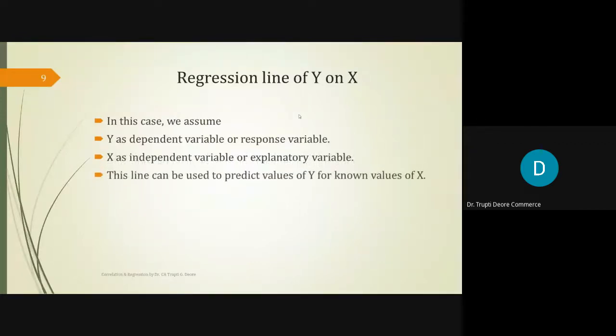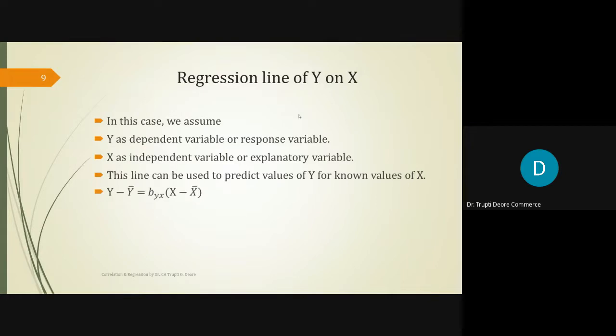So this line can be used to predict values of y for known values of x. Because x is independent, we know the value of x, and on the basis of x we predict the value of y.